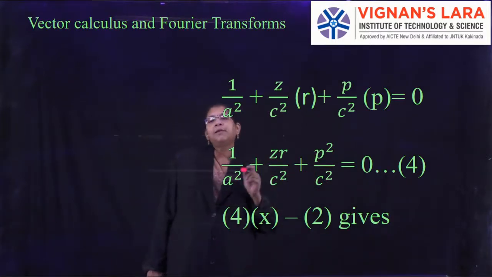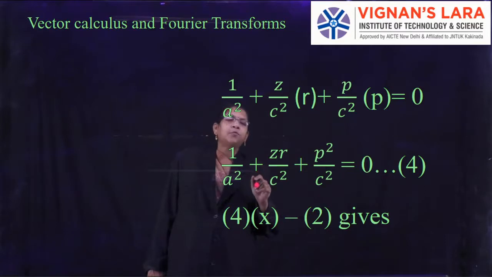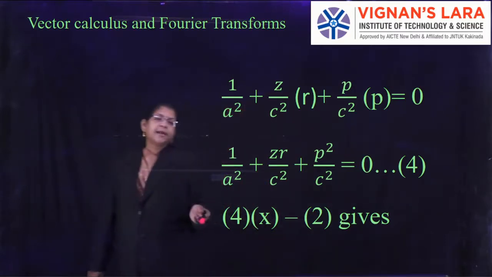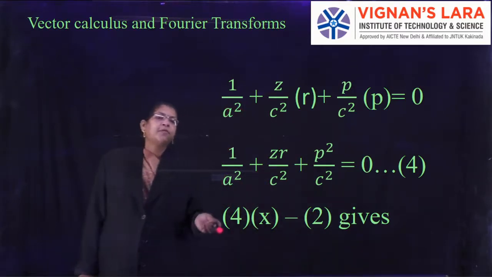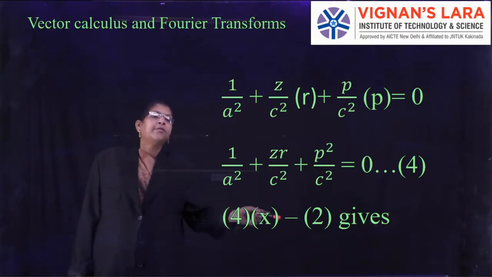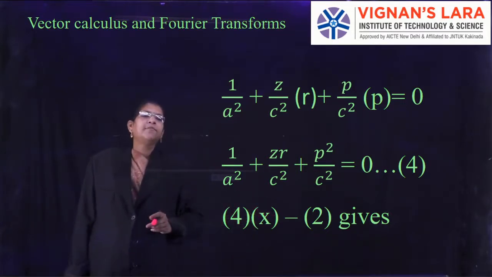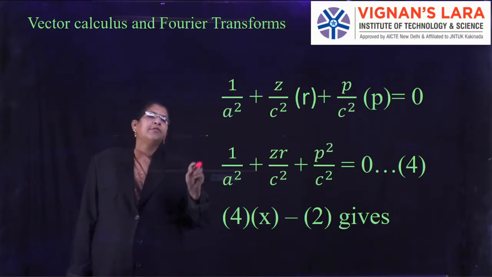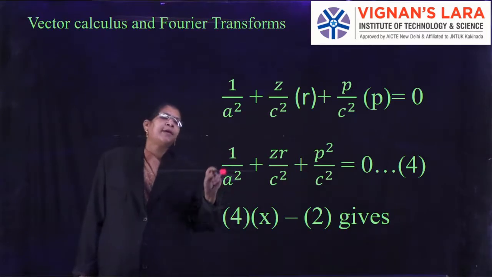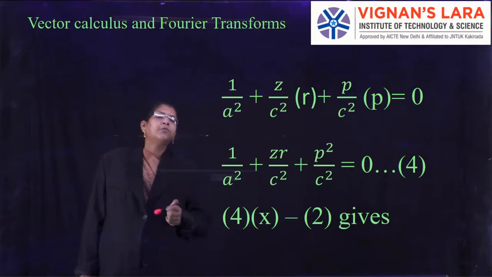Now first you multiply equation 4 with x and subtract equation 2. What is the condition we are applying? Equation 4 into x minus equation 2. If you multiply equation 4 with x, what will you get? x/a² plus zrx/c² plus p²x/c² equal to 0.